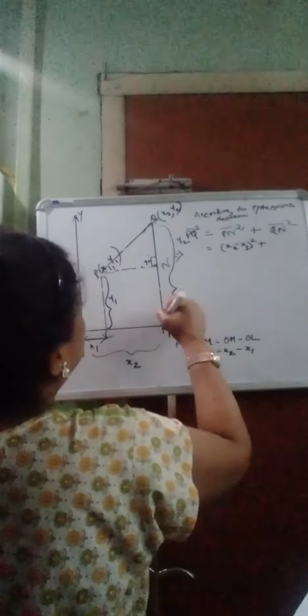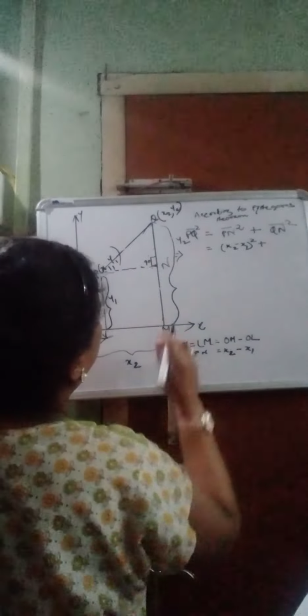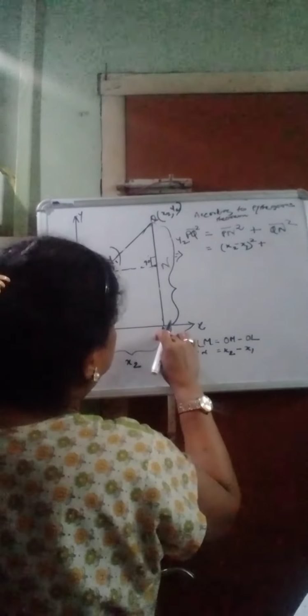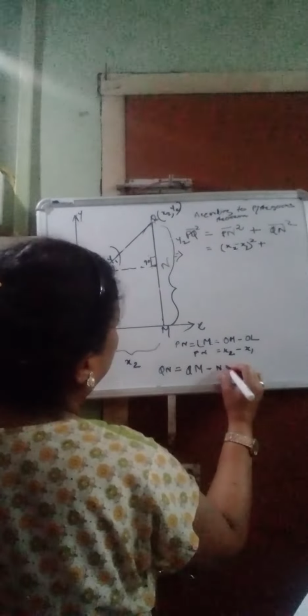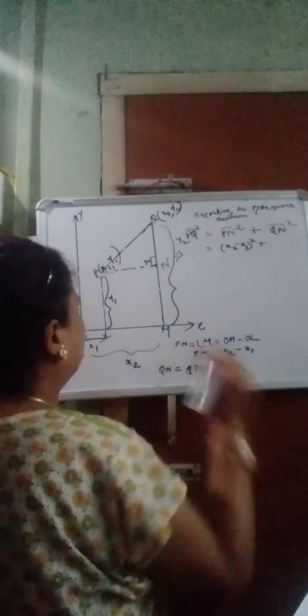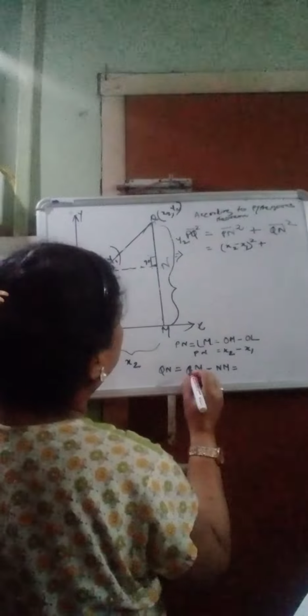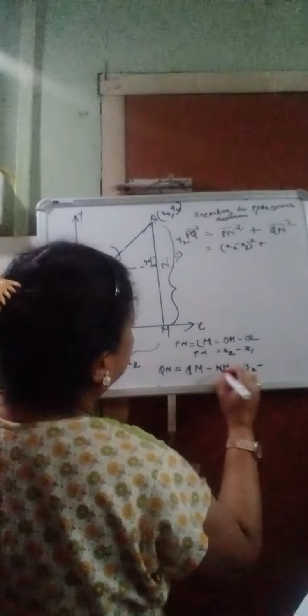QN is equal to QM minus NM. But here the QM measurement is y2, because for point Q the y measurement is y2, and it is perpendicular. So QM is equal to y2 minus NM.